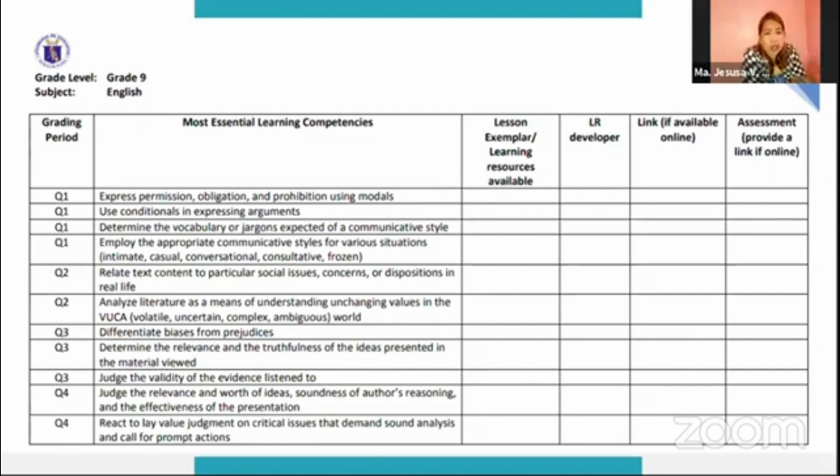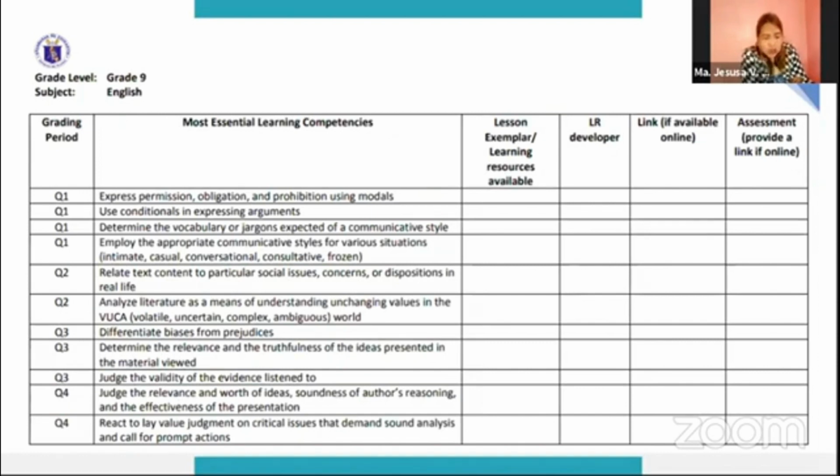And then of course, after eliciting the prior knowledge, you're not going to say it's wrong. It's up to them. Let them discover what is really correct on what they have known since time immemorial. There is no such thing as tabula rasa. I know that you're familiar with that.